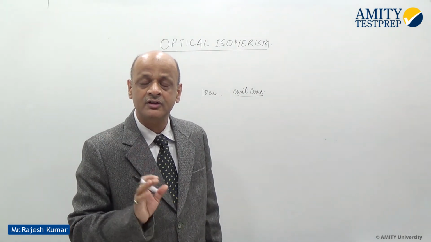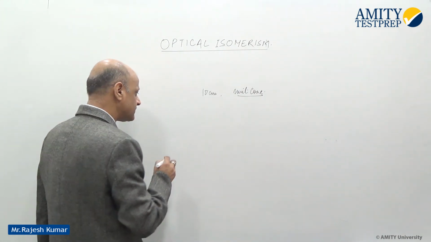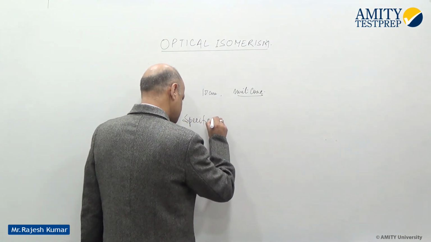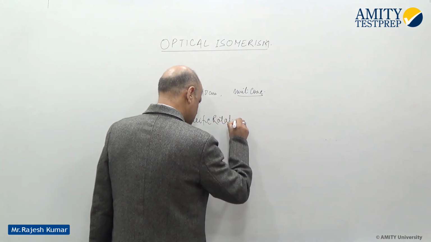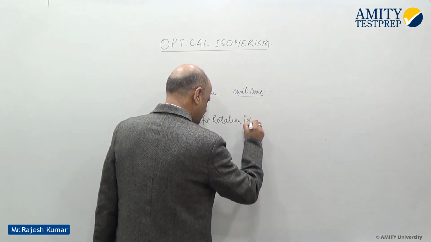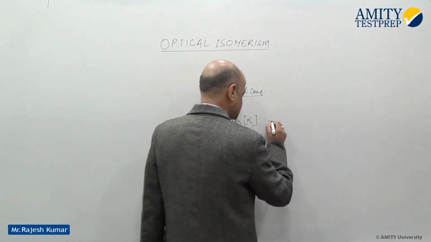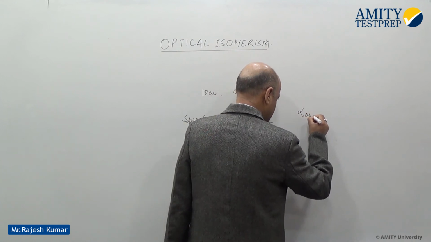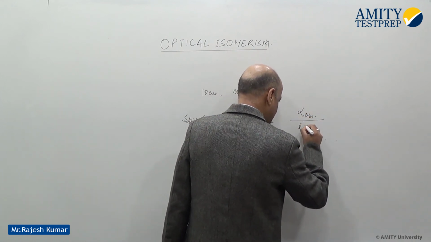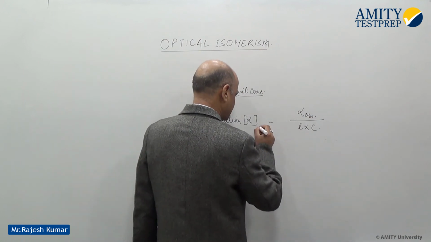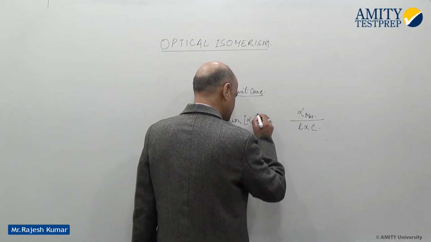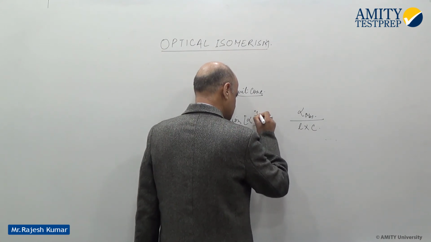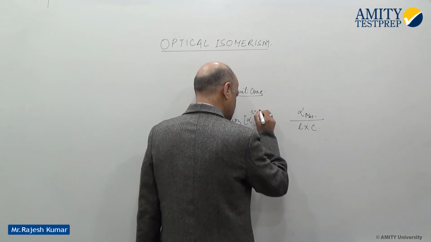So, specific rotation alpha is equal to rotation observed upon L into C, of a given wavelength and temperature, T degree centigrade.